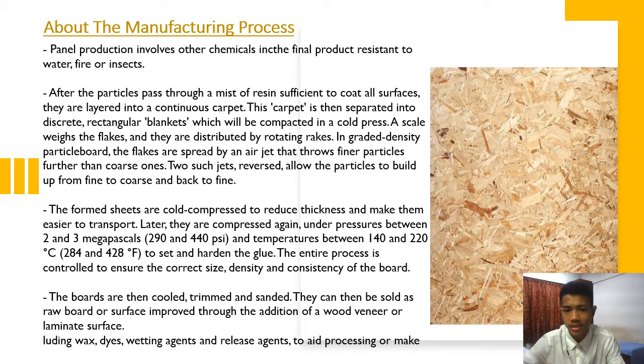The carpet is then separated into discrete rectangular blank layers which will be compacted in a cool place. The flakes are distributed by rotating rakes.